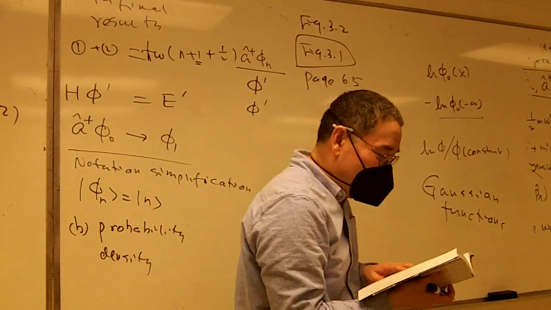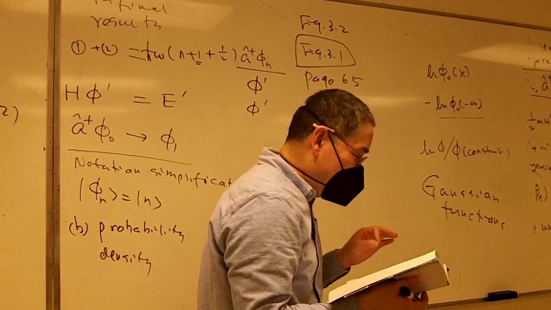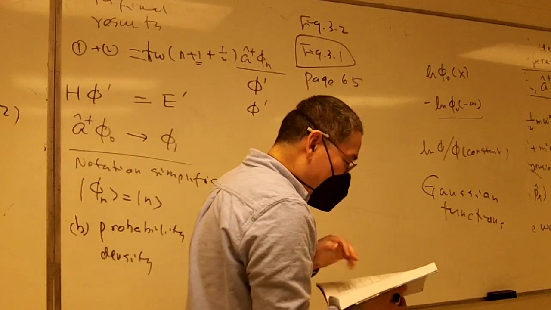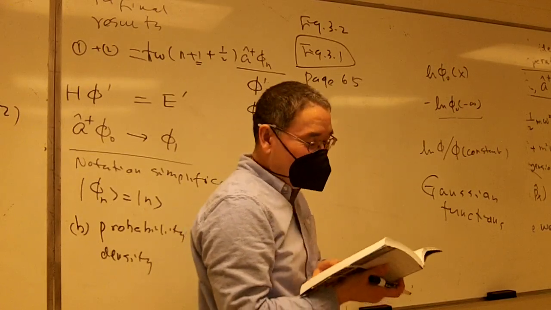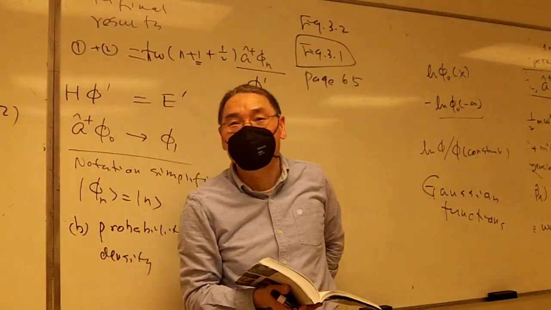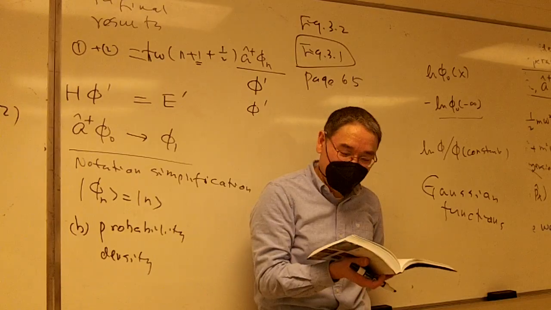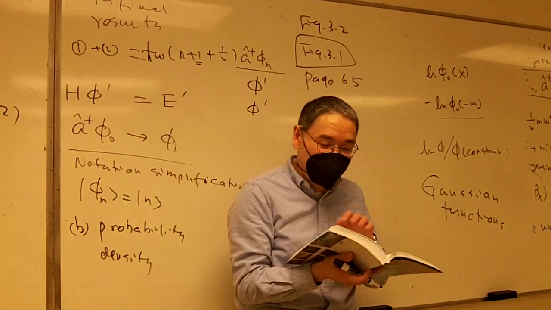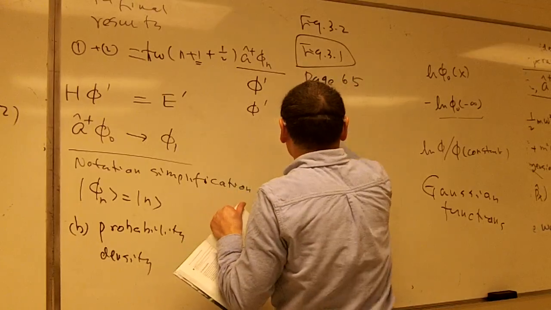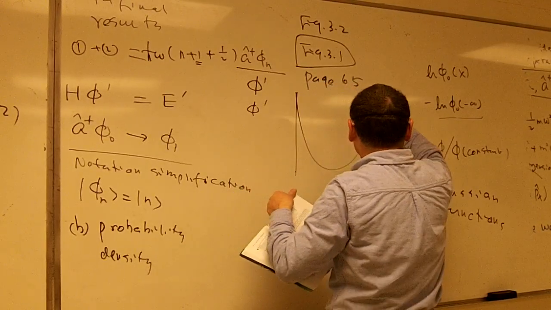The right-hand side is a classical probability density, and you can read from page 64 all the way to 65. I really like these books that have these figures. But unfortunately, very few books actually have this equation, so we decided to derive it. And you notice that classically, the harmonic oscillator has a probability density that looks like this.